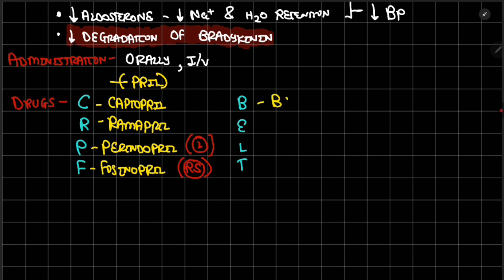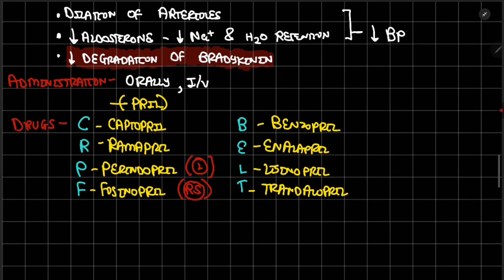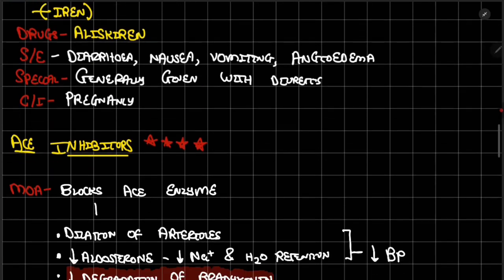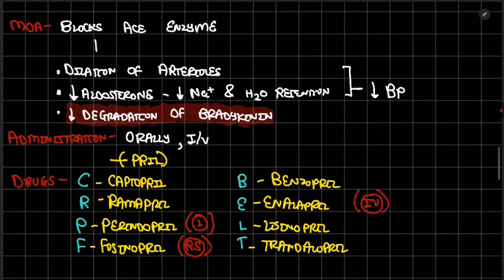We have benazepril. We have enalapril. We have lisinopril. We have trandolapril. This enalapril drug is given IV in emergency, so I will write IV. Okay, so these are the drugs in ACE inhibitors.